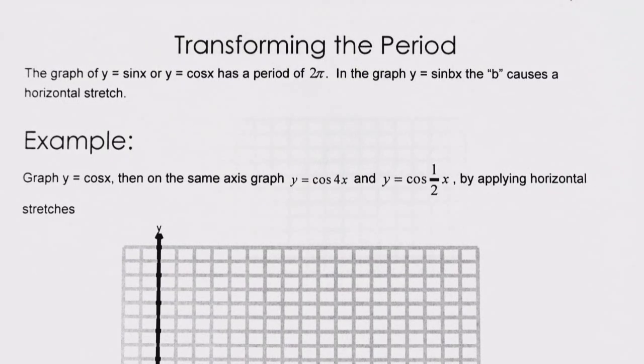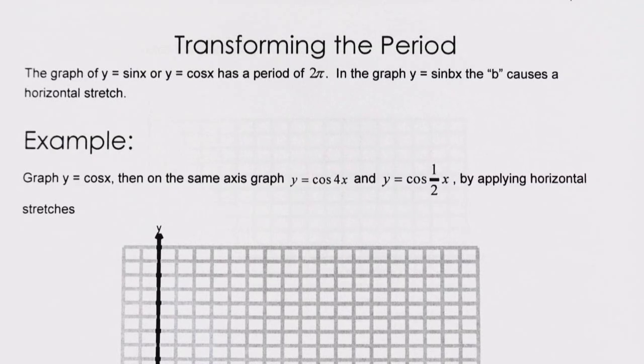Okay. Here we go. Now we're going to mess with the period. And really all we're doing is a horizontal stretch or a horizontal compression. We are either stretching it out long ways or squishing it together. So we're going to do these on the cosine graph. Cos and sine graphs have 2 pi.